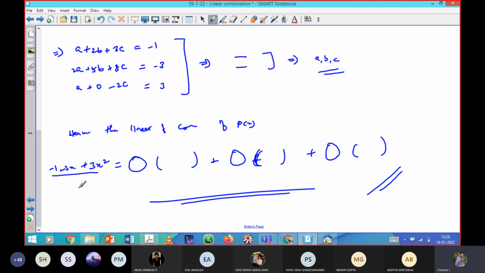Otherwise you will unwantedly lose 1 or 2 marks. So please keep in your mind. Even if you claim the marks for that, it could not be provided. You should not stop the solution at finding a, b, c. After finding a, b, c, you simply need to write one more additional line, that's it.